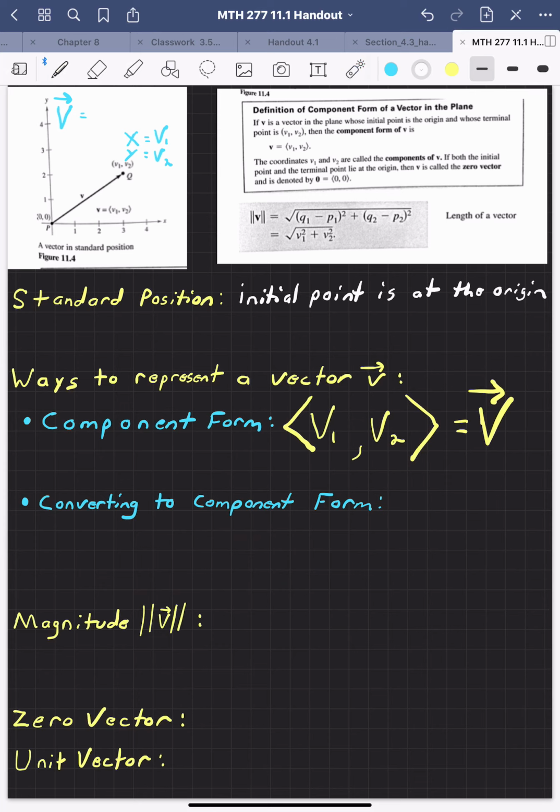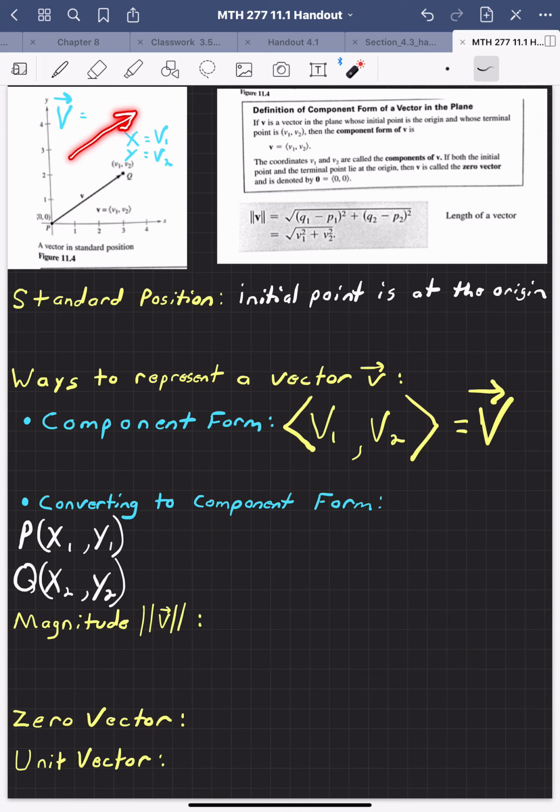So let me see if I can grab all that information from the space that I have. The way I'll do this is, let's say point P is located at x sub 1, y sub 1, and point Q is at x sub 2, y sub 2. All right? And now geometrically, how do I drag and drop this vector so that it's in standard position?